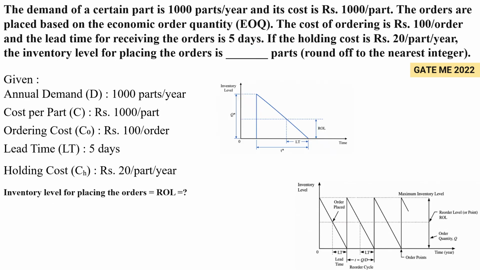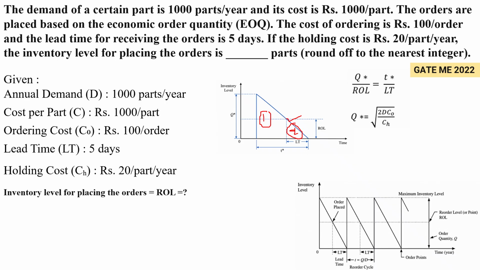This problem can be solved in another way also. So this is the reorder level. So here observe, here is one triangle and this is another triangle. So both are similar triangles. So from this we can write Q star by ROL equal to T star by lead time.